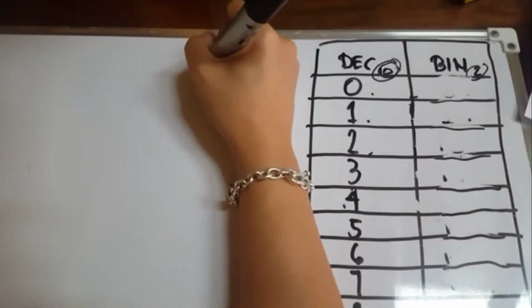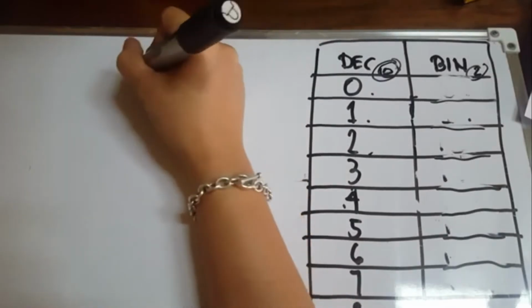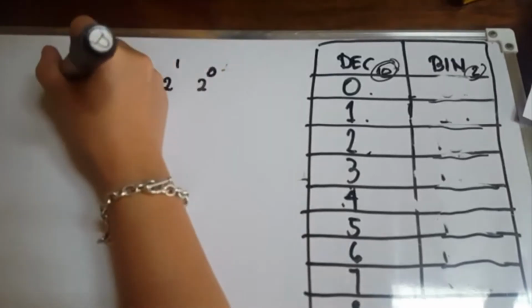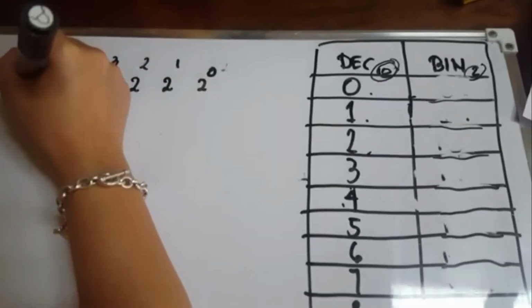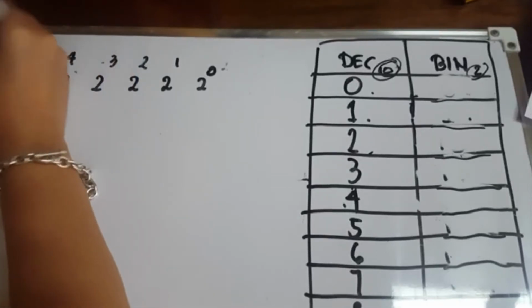It really helps if we get familiar with the powers of 2, which is the method on how to get the value for the binary from the decimal. So 2 to the power of 0, 2 to the power of 1, 2 to the power of 2, 2 to the power of 3, 2 to the power of 4, 2 to the power of 5, 2 to the power of 6, 2 to the power of 7, and so on.